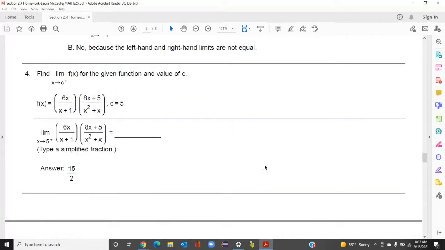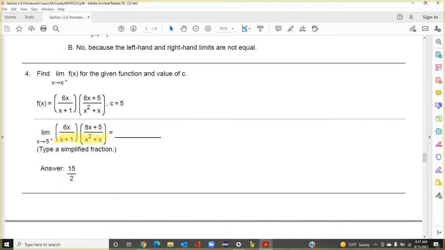All right, so let's look at number 4. And here what we want to do is try to find the limit as x is approaching 5 from the right of this function. So let's look at where there might be problems with this function. And it does have denominators.